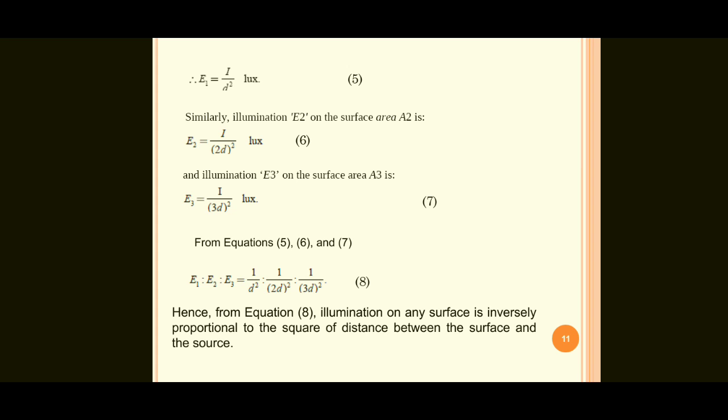Next one, maintenance factor. So the illumination under normal working condition to illumination when everything is clean. That is maintenance factor. And depreciation factor is the inverse of maintenance factor.